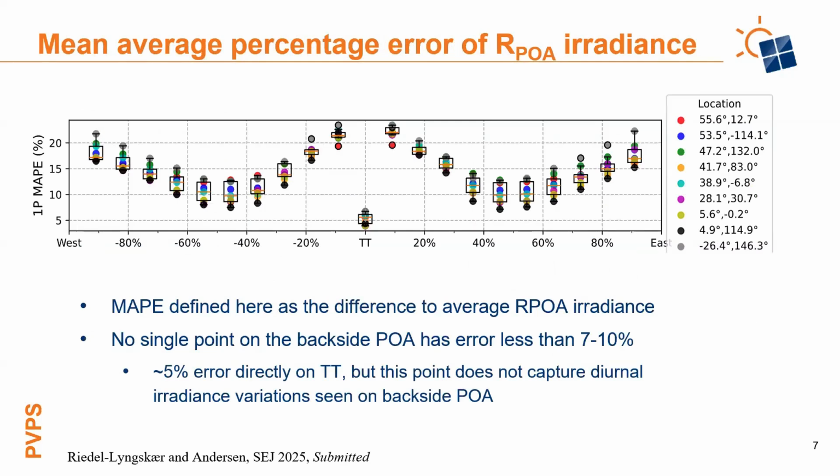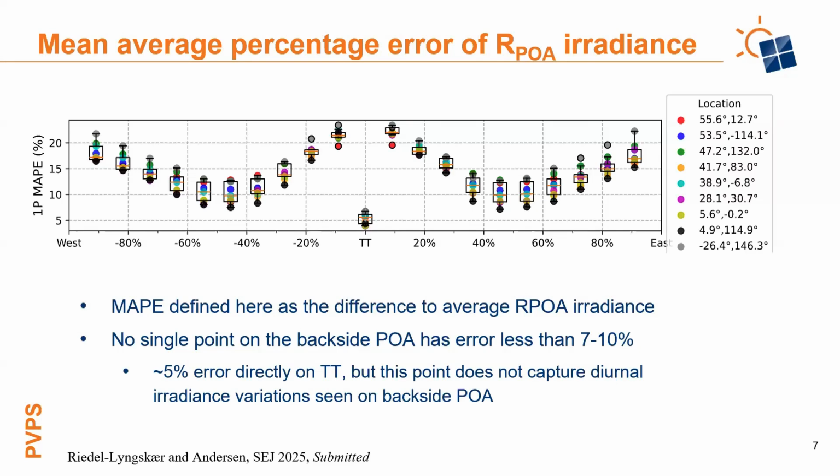This plot shows the error as defined by the difference to the spatial average. So the difference between each of these individual points from east to west, also the torque tube on the back of the array, relative to the spatial average in different climates. And what you see is that there's no single position on the back of the array that can minimize this error lower than, say, 7 to 10%.